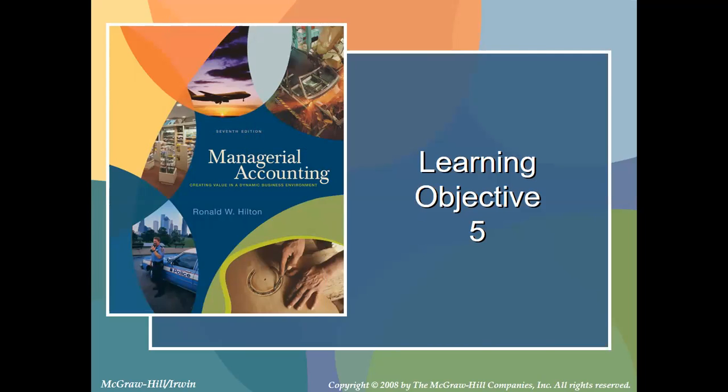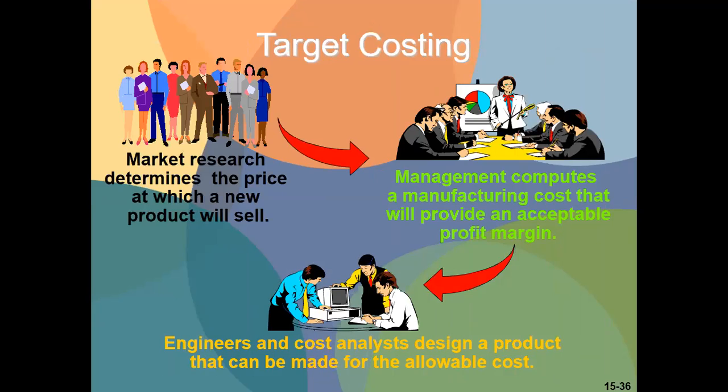Then for the 5th learning objective, this is now about target costing, in which we have already discussed a while ago that we are going to set costs and then add markup, and that will be the price. Or in our discussions a while ago, we will set the price, we want a markup, and then we are going to target the cost that should be there. So market research determines the price at which a new product will sell.